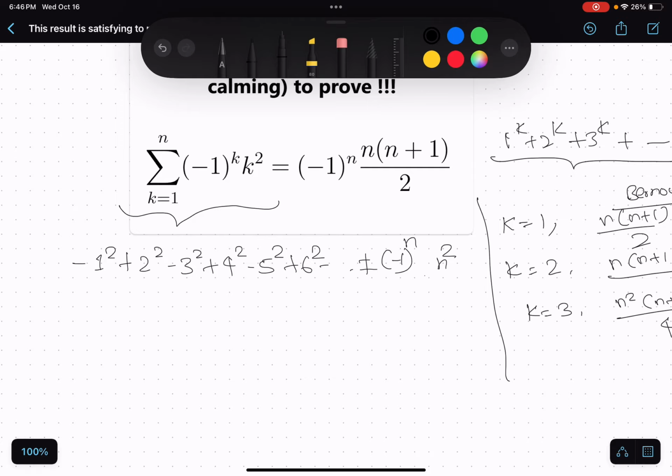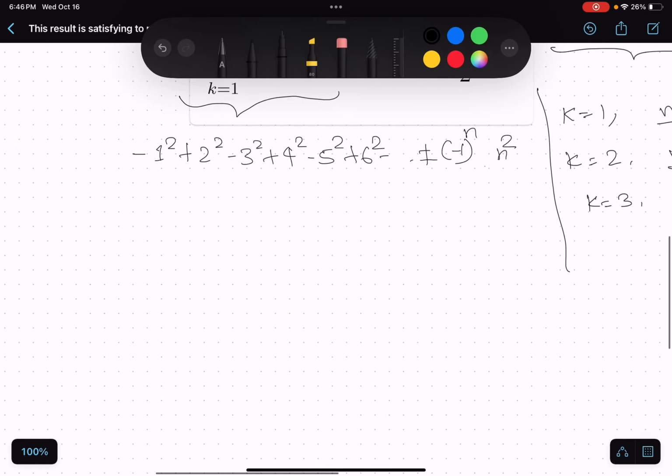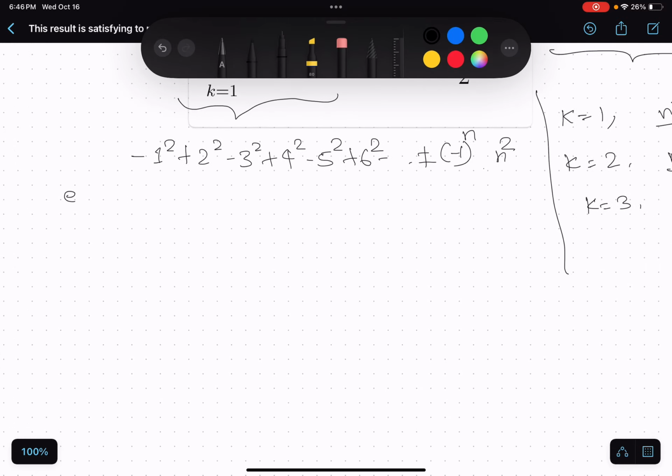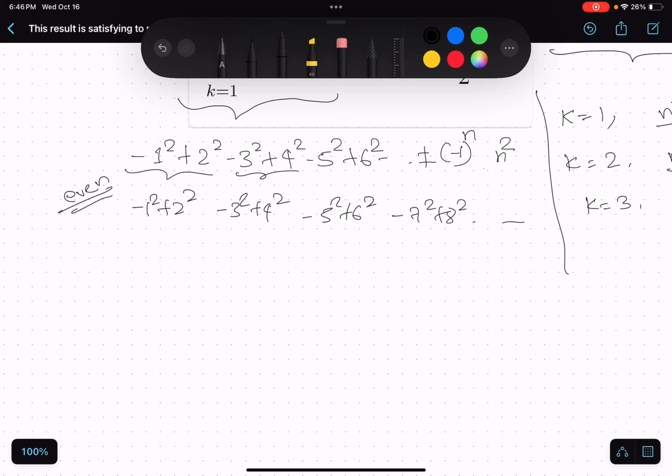So let's deal with it case by case. Suppose that there are an even number of terms. In that case, we can group two terms, right? We can group minus 1 square and 2 square, minus 3 square and 4 square, minus 5 square and 6 square, minus 7 square and 8 square, and so on, up to minus (n minus 1) square plus n square, right?